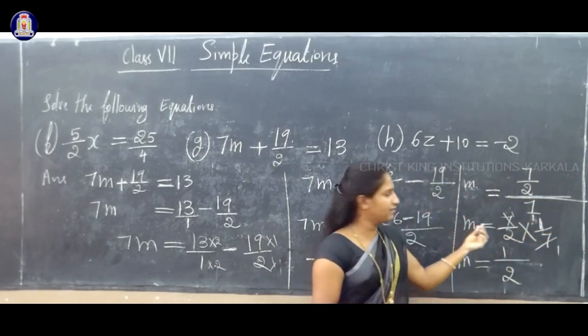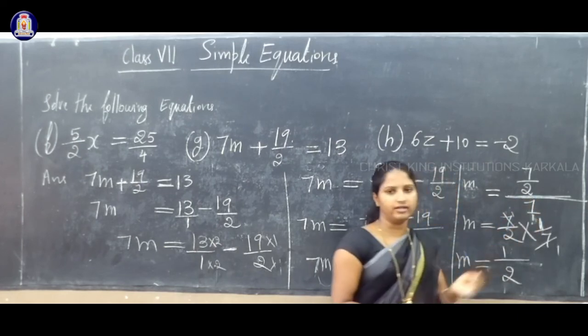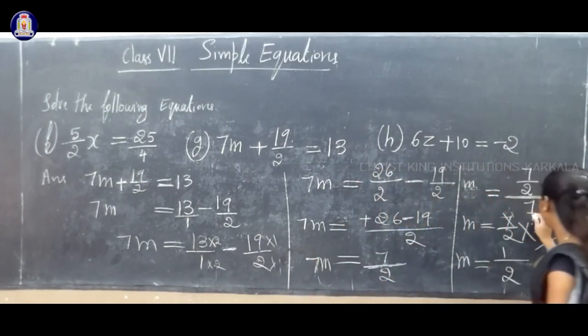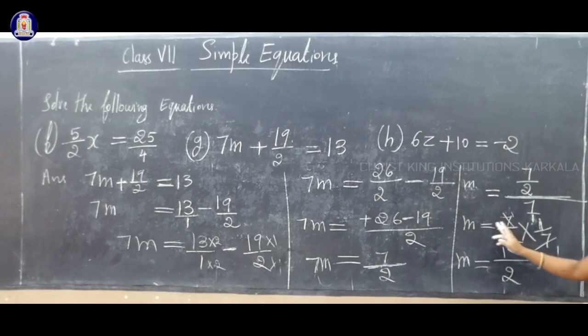That 7 can be written as 7 by 1. In the next step, this division changes into multiplication, so 7 by 1 becomes 1 by 7.